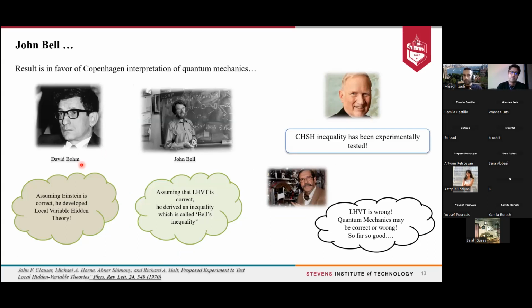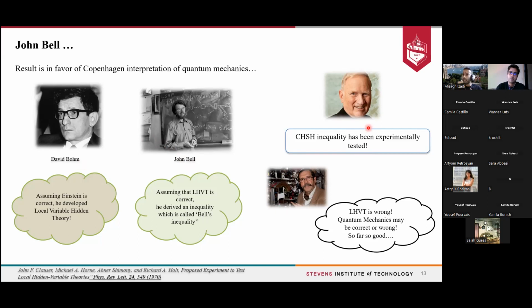Later, David Bohm, the American physicist, assumed, okay, let's say Einstein is correct. So there should be a local hidden variable theory that can justify this strange feature of entanglement. And we don't need quantum mechanics, as quantum mechanics is not complete. And John Bell, after David Bohm and Einstein, accepted this fact, okay, let's say this is the situation, and he derived some equations, and finally, it led to the Bell inequality.